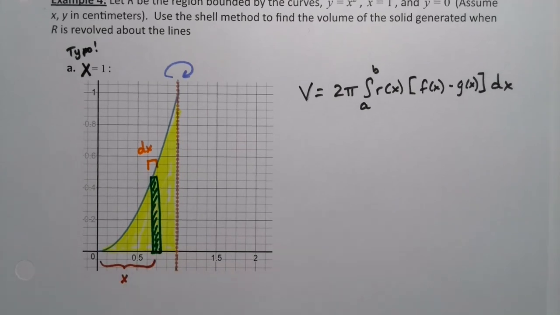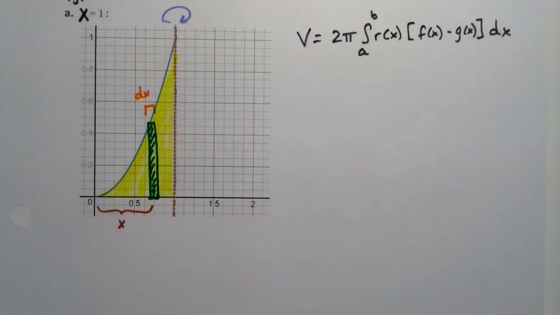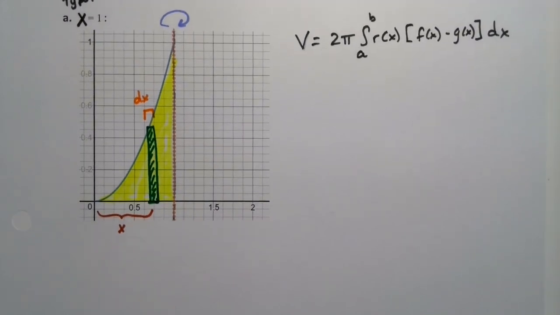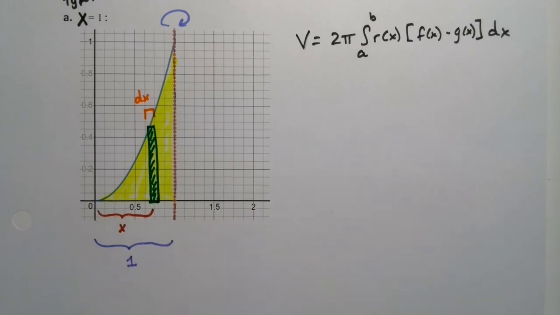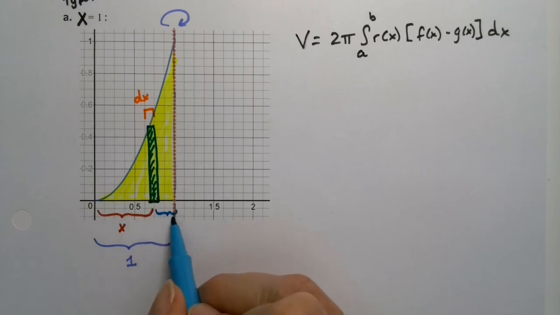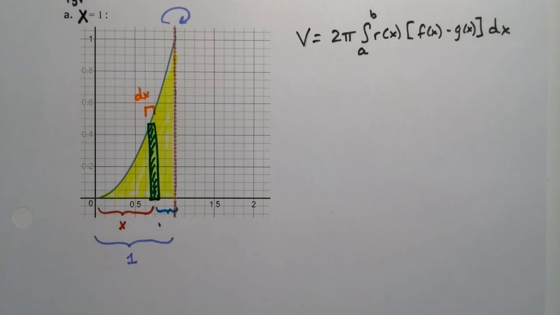That's what that represents, right? And then this distance from here to here is 1. It has to be. Now the radius of rotation, so remember the radius goes back to the axis of rotation. So it's the distance from the rectangle back to the axis. So the radius is right here. Oh, wrong color, sorry.